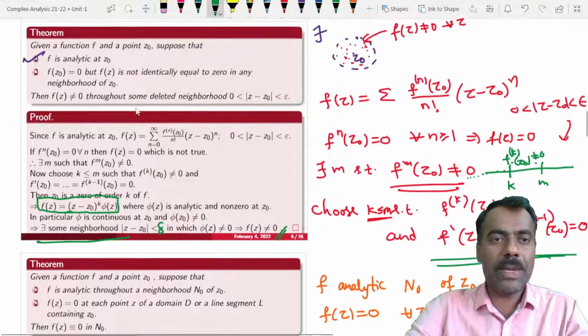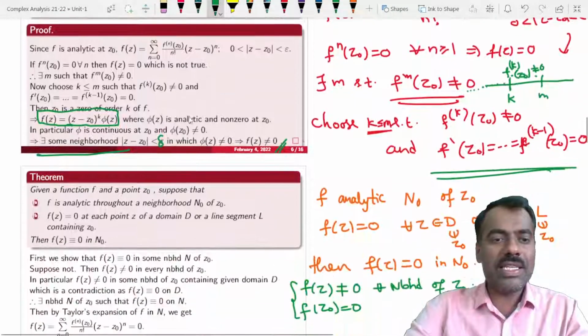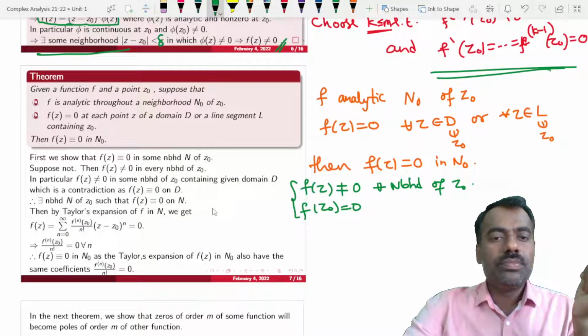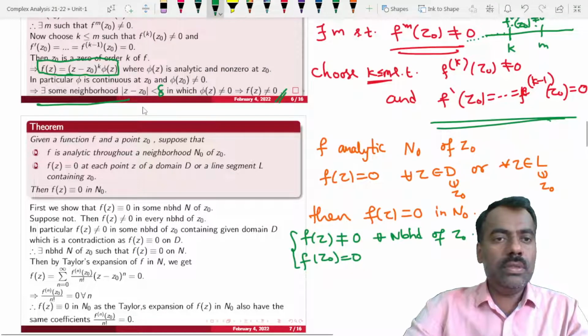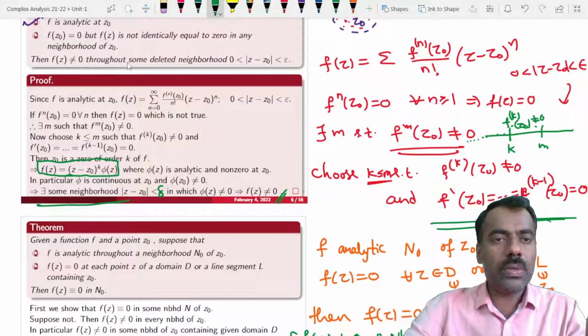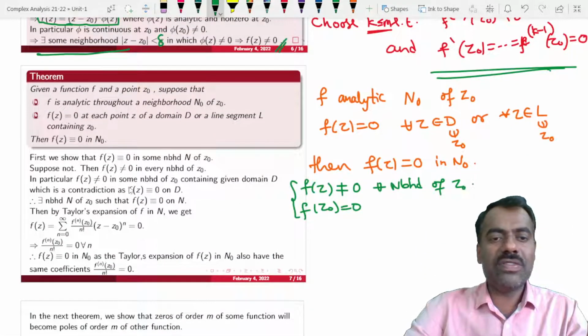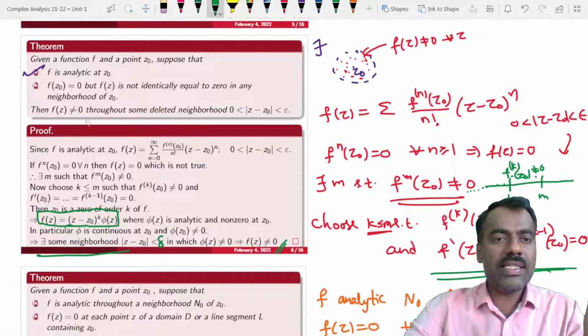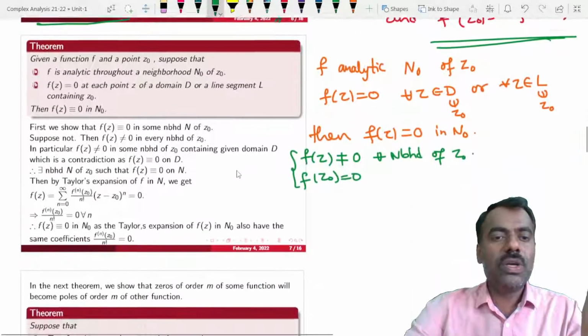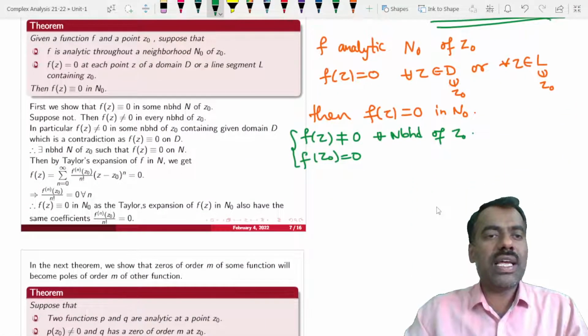So we can apply this result now. In particular there exists a neighborhood of z naught containing that domain D in which f of z is not equal to 0, which is a contradiction to this assumption.